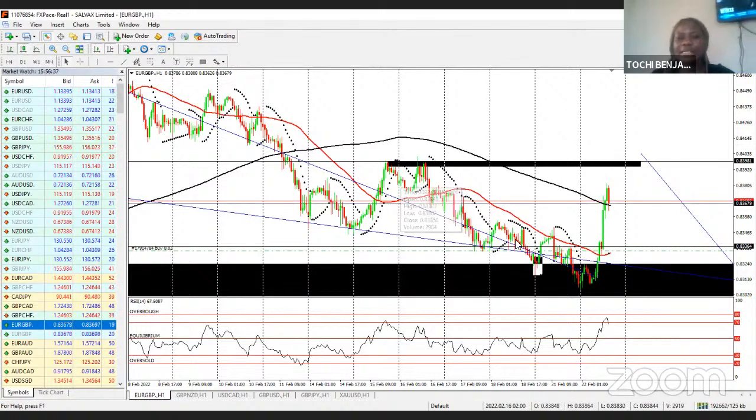What I'm saying is that since I already got entry from this level and price has gone up, there are two things: either I decide to break even by locking my profit, or I choose a resistance level where I expect a reaction once price gets anywhere close to this level.